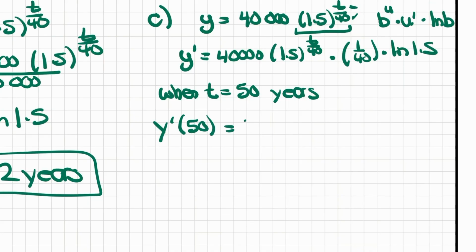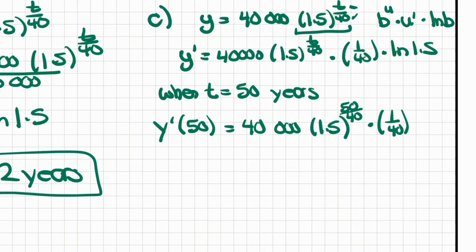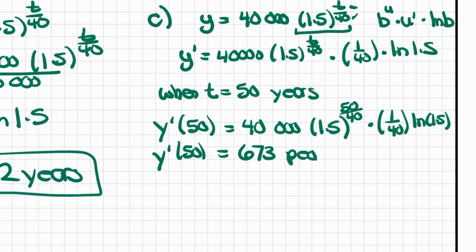That will be 40,000 times 1.5 all to the power of 50, that's our time in years, all over our time to double, times 1 over 40 times ln of 1.5. So in 50 years, the rate will be 673 people per year.